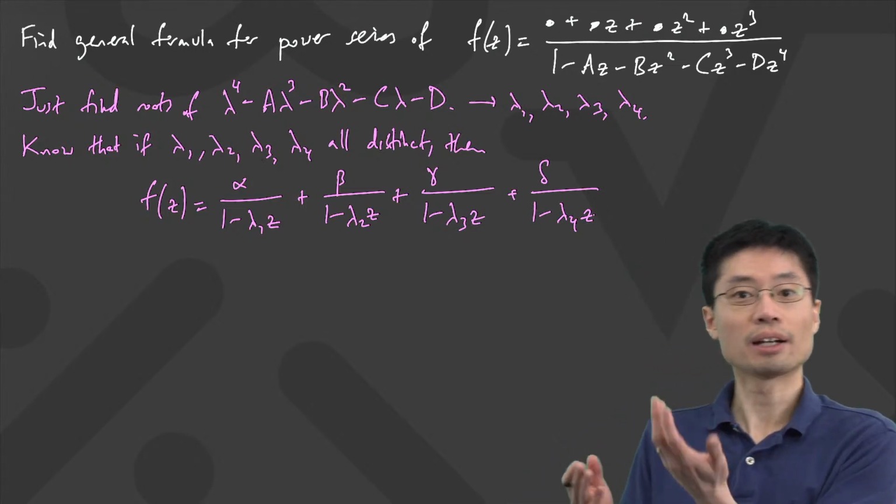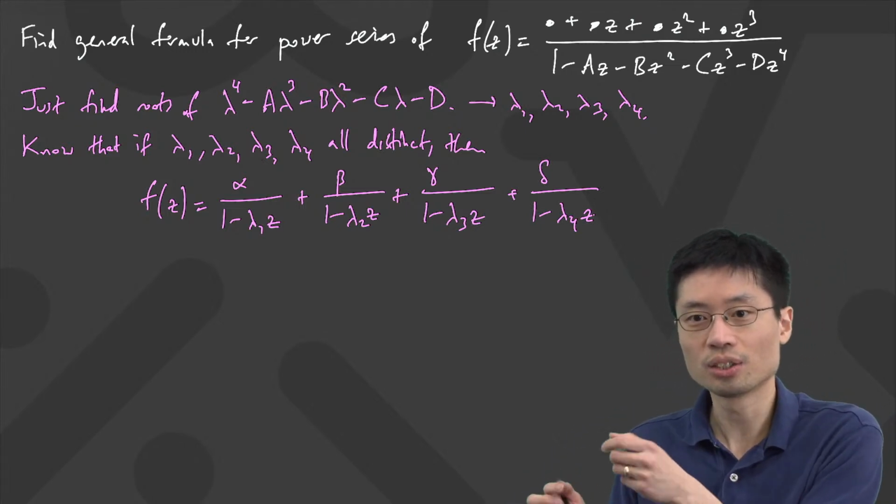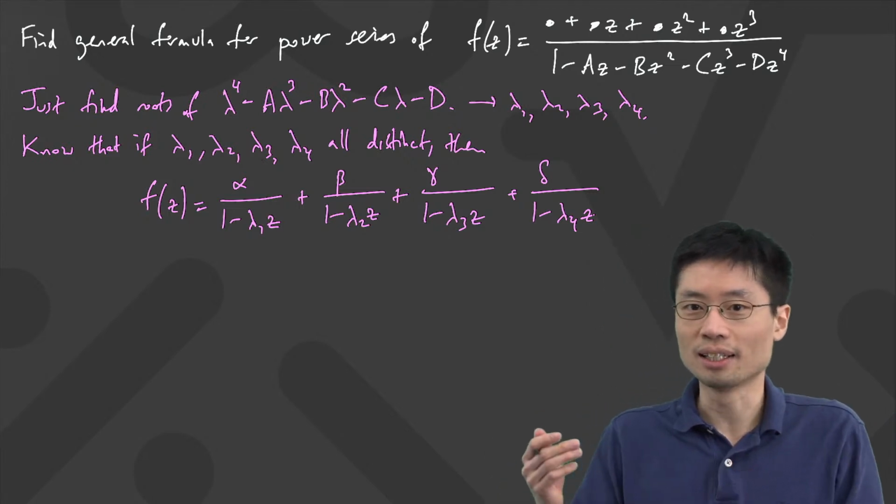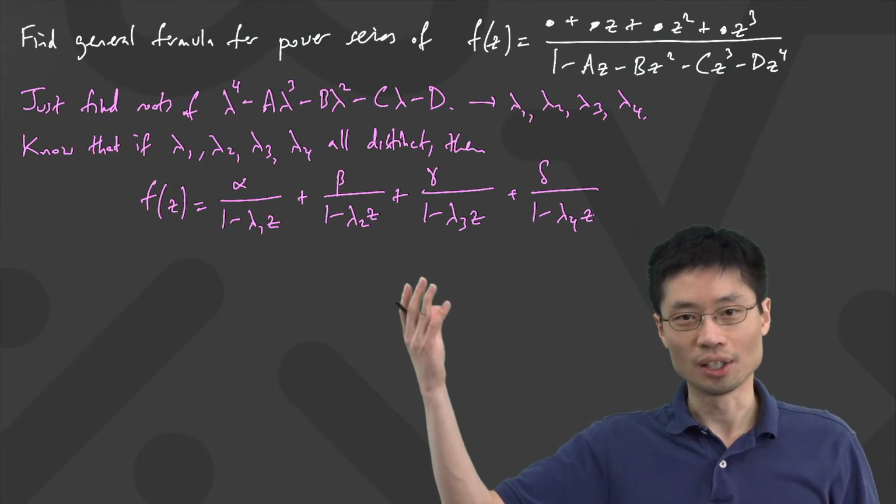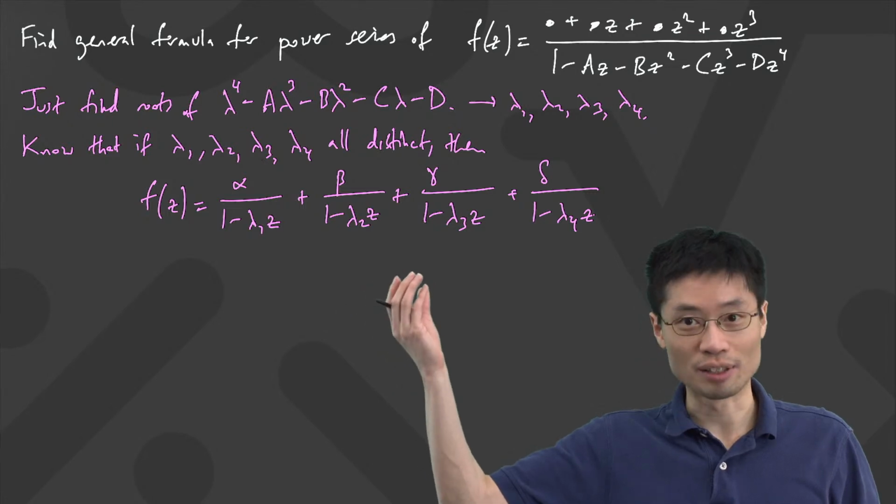And by comparing coefficients, just like we did before, you would know that the coefficient of a sub n was some combination of these powers of lambdas.